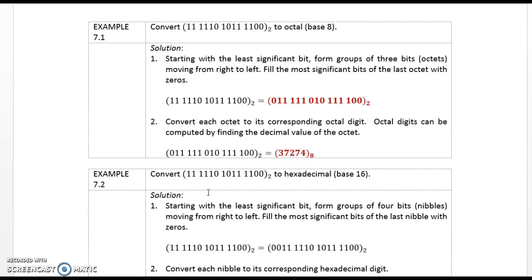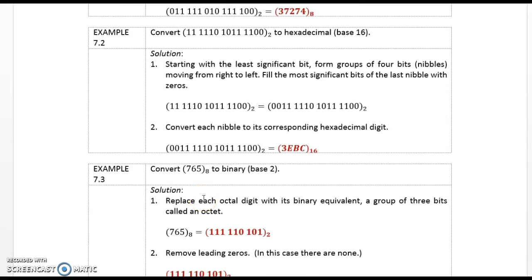So our binary number I've reformatted into 011, 111, 010, 111, and 100. Convert each octet to its corresponding octal digit. Octal digits can be computed by finding the decimal value of the octet. So the most significant digit, 011, is just a 3. 111 is 7. 010 is a 2. 111 is a 7, and 100 is a 4. So that was fast.